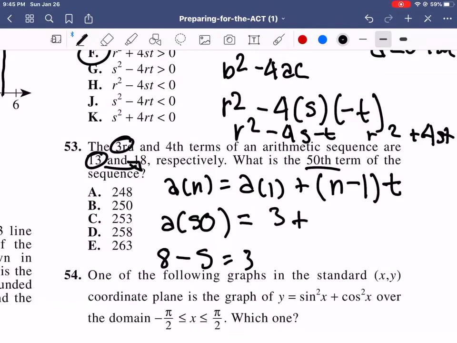So 3 plus n minus 1, n is 50, so 49, and then times t, which is the change, which is 5. 49 times 5 plus 3 is 248. That's the answer, A.